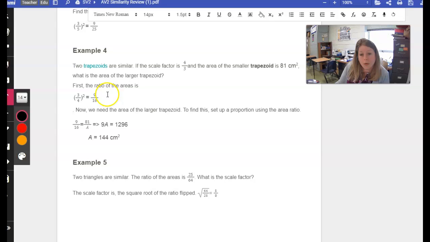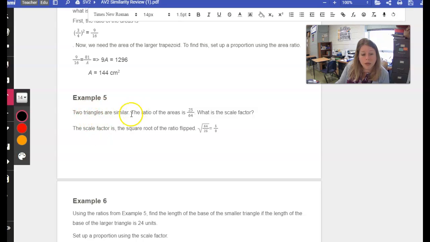So 9 goes with the small one, 16 goes with the big one. 9 goes with 81, because 81 was the small trapezoid. So we have this cross multiplication happening here. 9 goes to 81, 16 goes to the unknown area, cross multiply, 9a equals 1296. Divide both sides by 9. So the area of the large trapezoid is going to be 144.